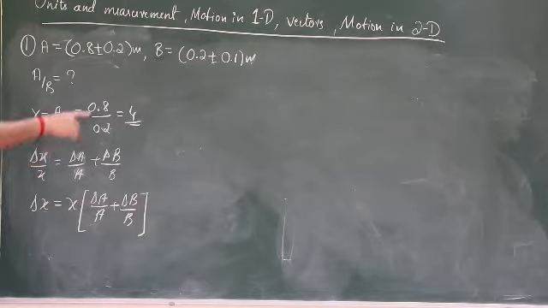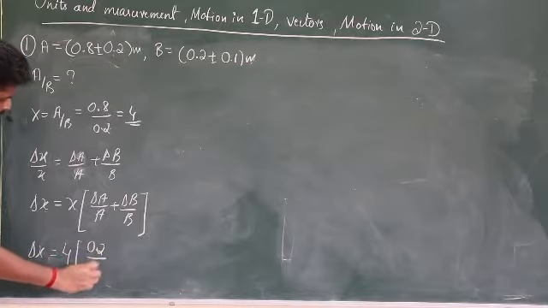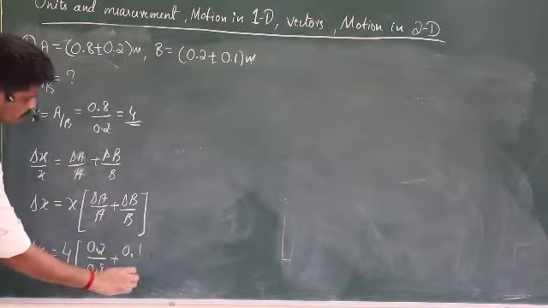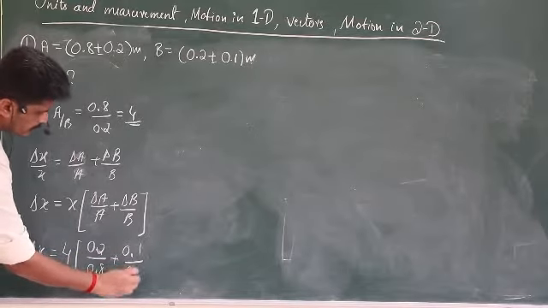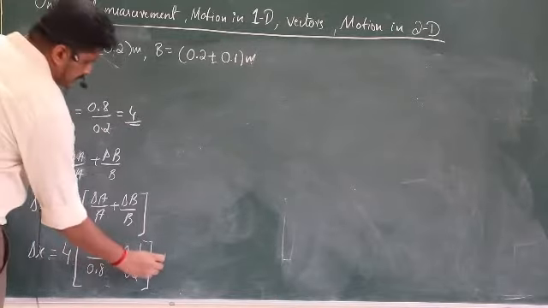X value you know already, that is 4. So it is 4 into delta A, which is 0.2, divided by A, 0.8, plus delta B, 0.1, divided by 0.2. By substituting, you will be getting around 3.